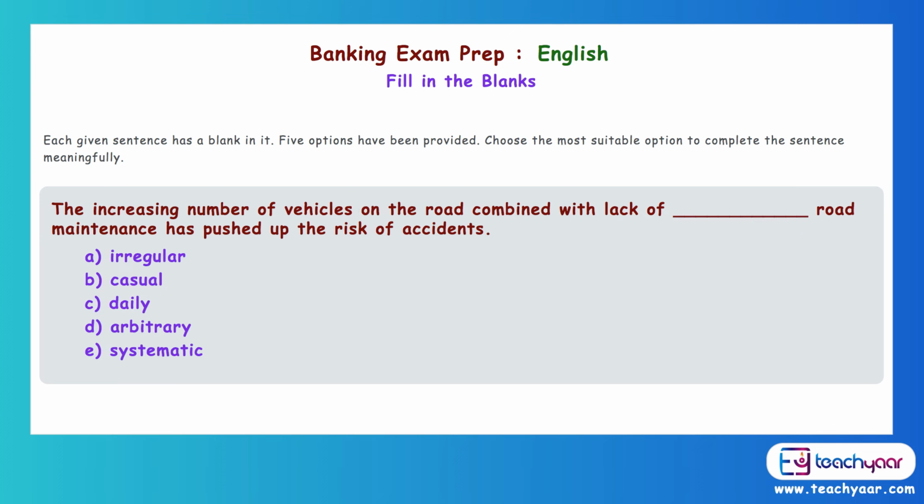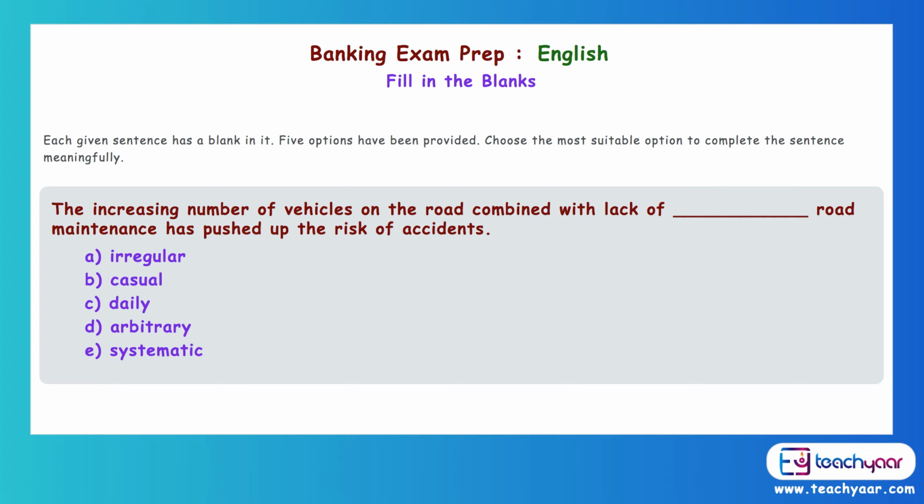Let's see the next sentence. The increasing number of vehicles on the road combined with lack of dash road maintenance has pushed up the risk of accidents. So what has happened here?